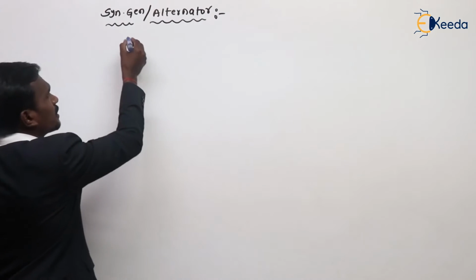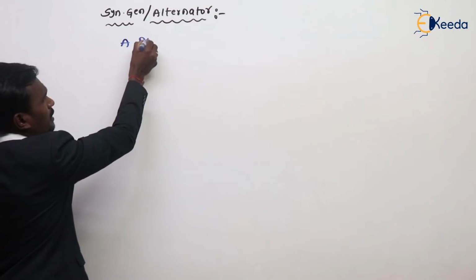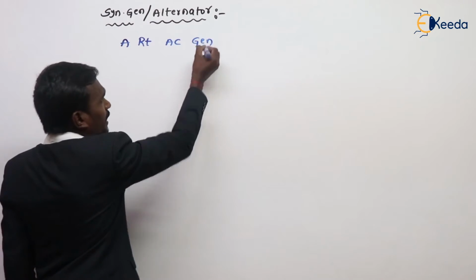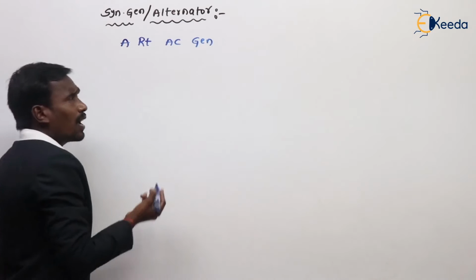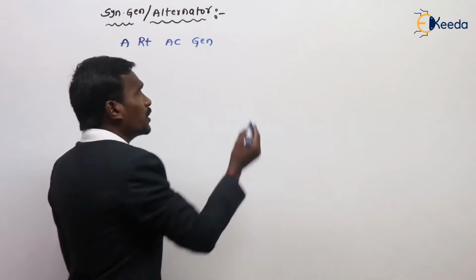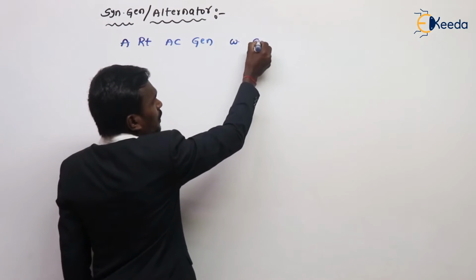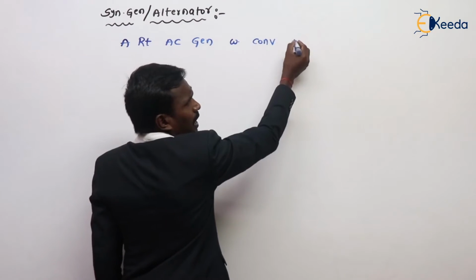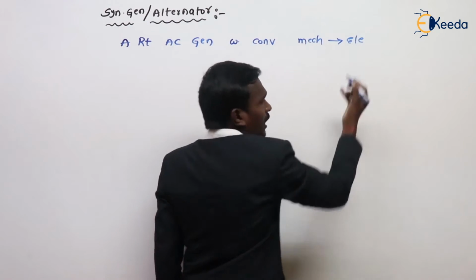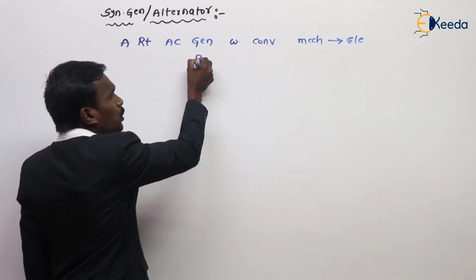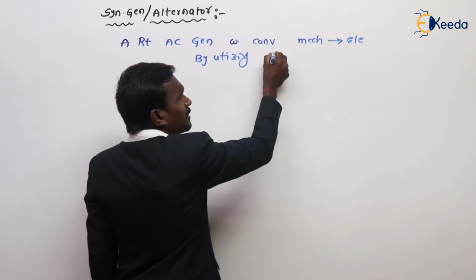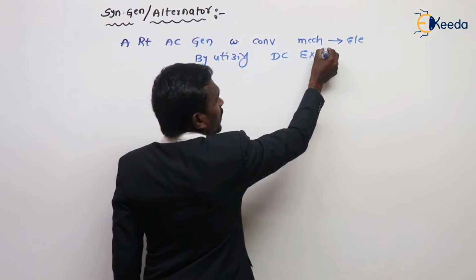Alternator is nothing but a rotating AC generator, which converts mechanical energy into electrical energy by utilizing DC excitation.